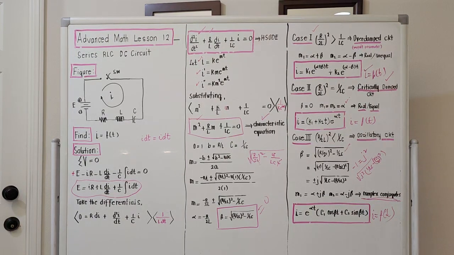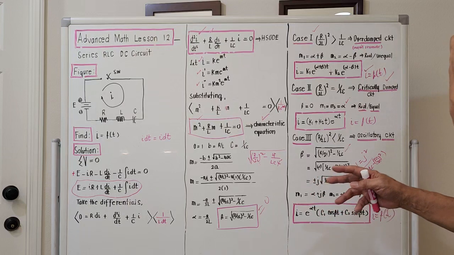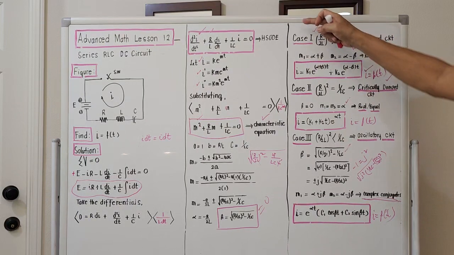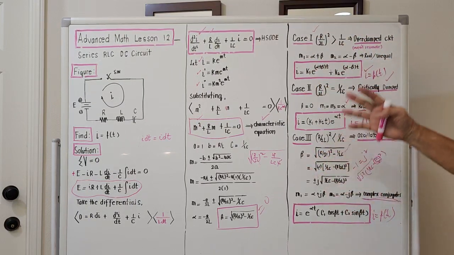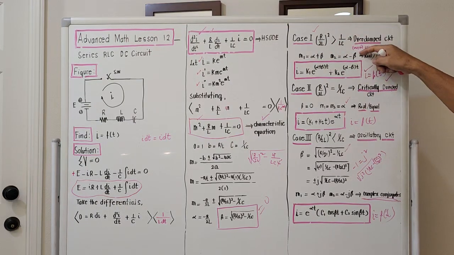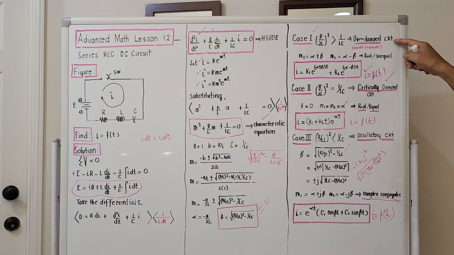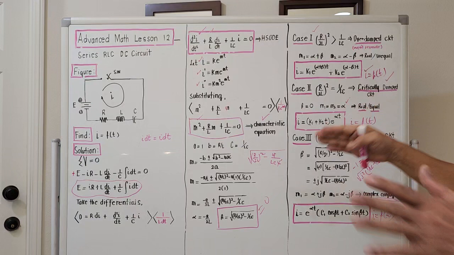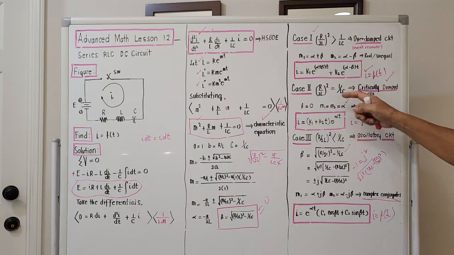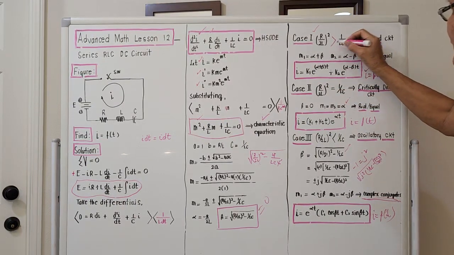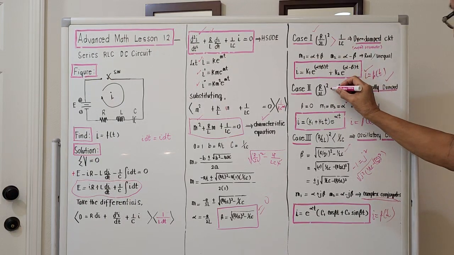So you now know the variations of lesson number 12. It could fall under case number 1, case number 2, or case number 3. Case number 1, when the ratio (R over 2L) squared is greater than 1 over LC, the circuit is an overdamped circuit, and this will be the equation of the current. For case number 2, the two are equal.